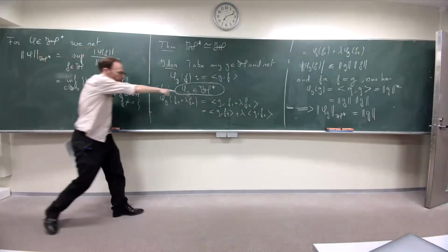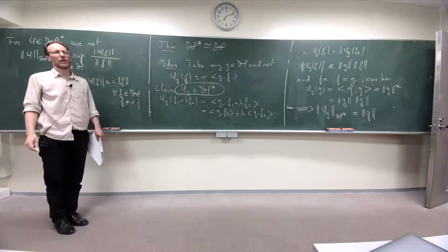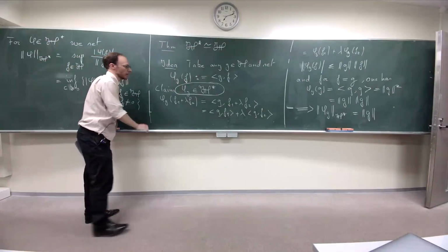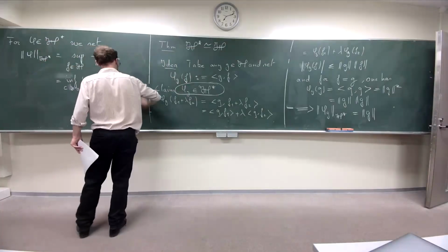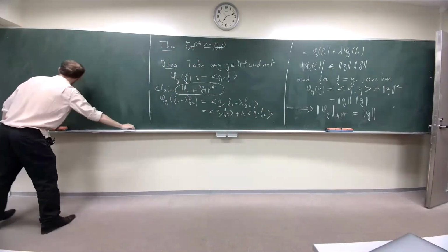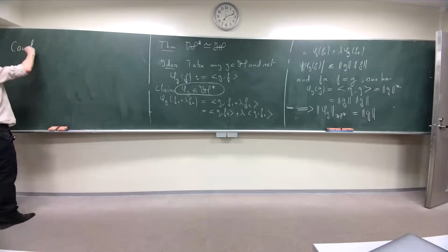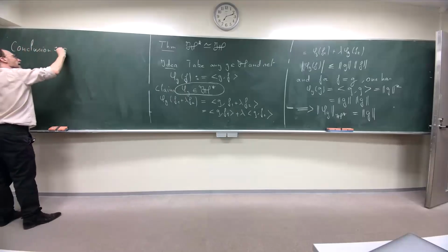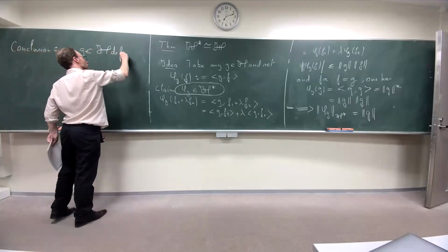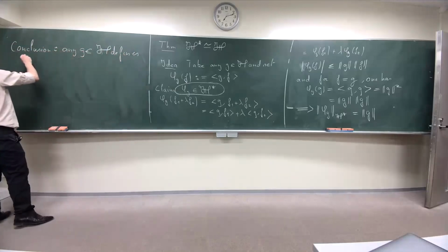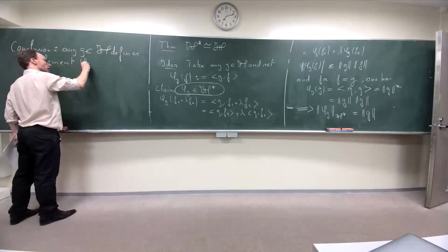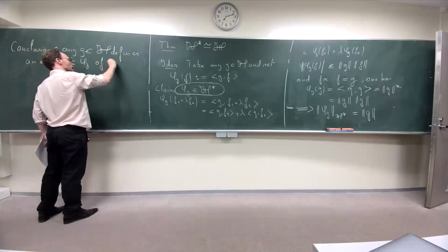Any vector of the Hilbert space defines what is called a linear functional. So the conclusion of this small computation is that any G inside H defines an element, which I call phi G, of H star.